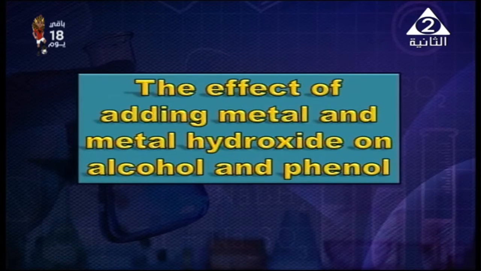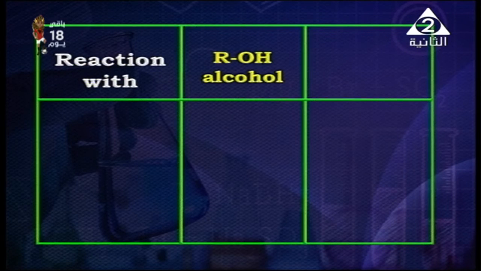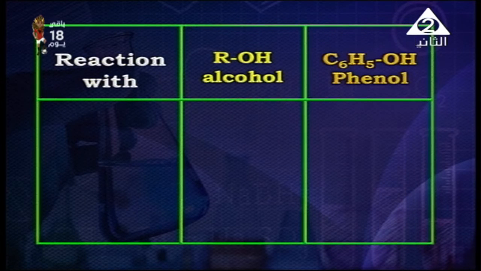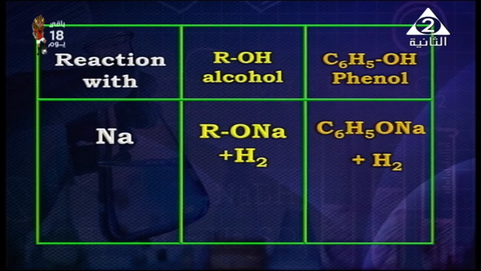Here, my dear student, we are going to compare the effect of adding a metal and a metal hydroxide on alcohol and phenol. Here is a reaction with alcohol or phenol, C6H5OH. Here sodium reacts with alcohol, gives sodium alkoxide, and hydrogen gas is produced, while phenol gives sodium phenoxide and hydrogen gas is produced.